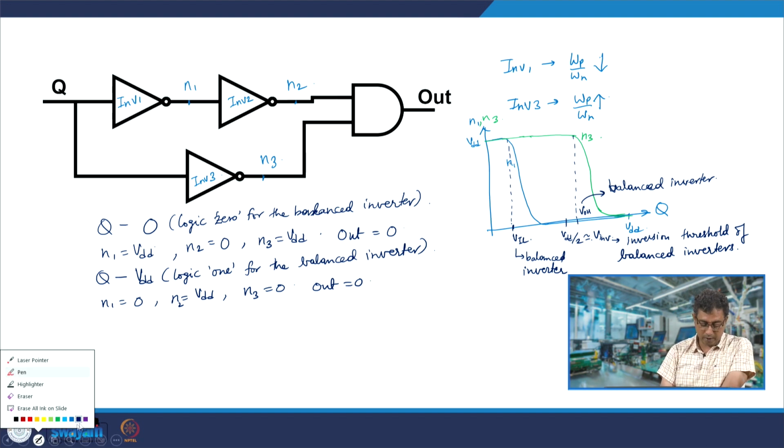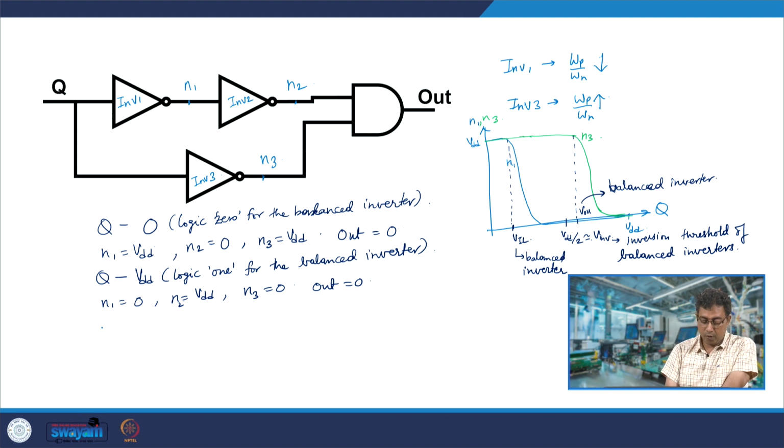Now, let us look at the scenario where metastability is there. So, Q is now close to VDD by 2, suppose, which is close to the metastability point of the balanced inverter.